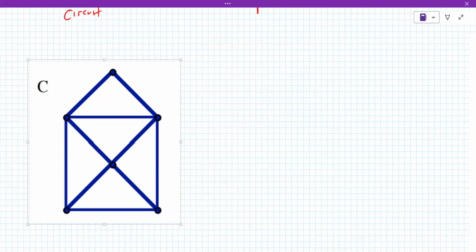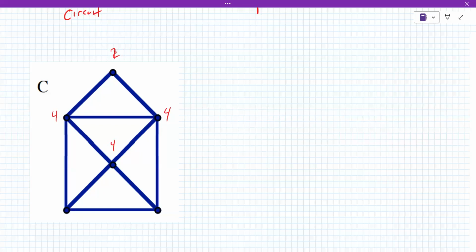This might be too complicated. I'm not sure. Is this one a path?